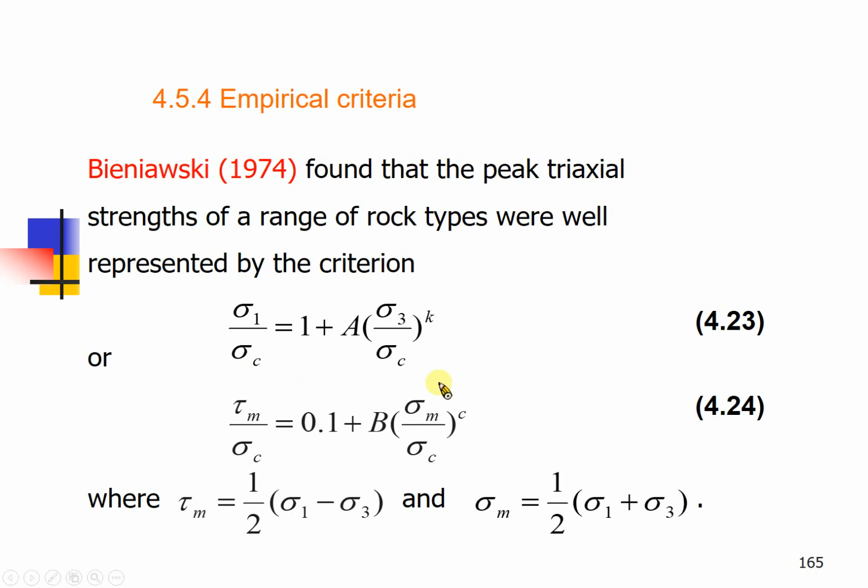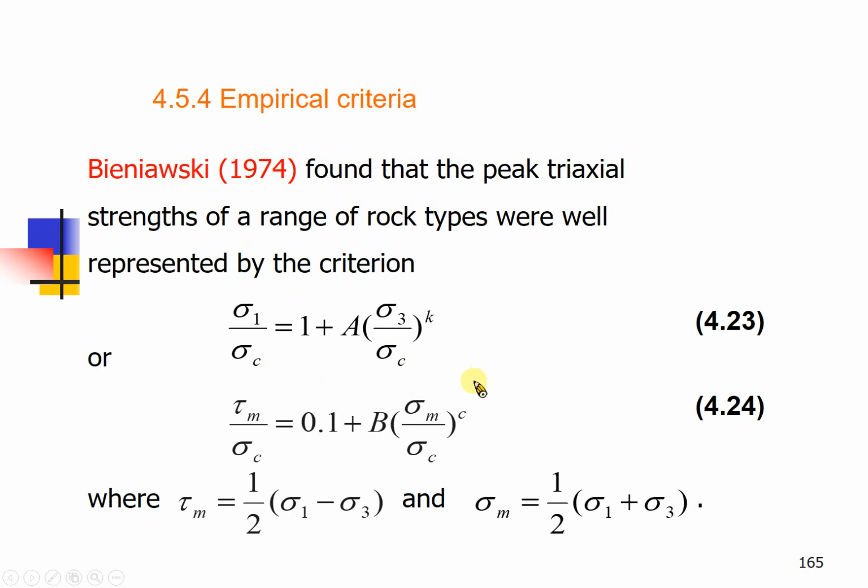You can use the Schmidt hammer to get sigma c, right? And actually, you can try to use your hammer, knife, and your finger to get sigma c roughly, qualitatively. I gave you a table, right? You can use your hammer to get sigma c roughly.